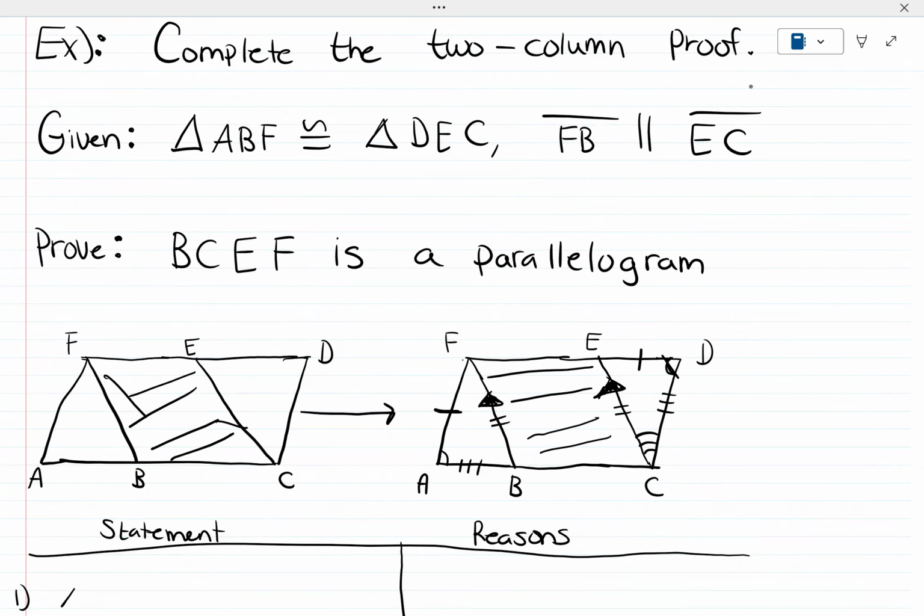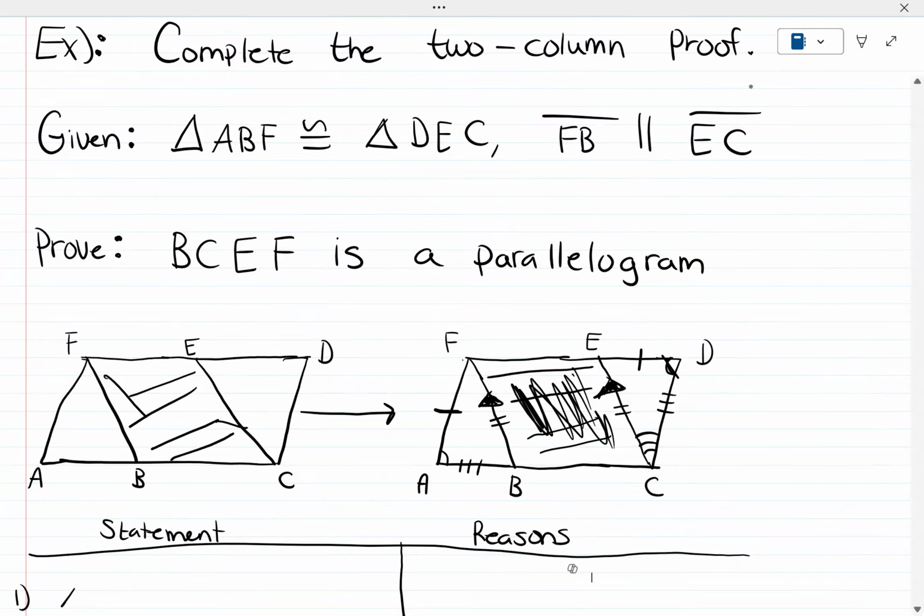Well, if you look at just this shape right here, I know that these two sides are parallel and these two sides are congruent, and I know that this side is congruent with this side, this angle is congruent with this angle. So what can I do?